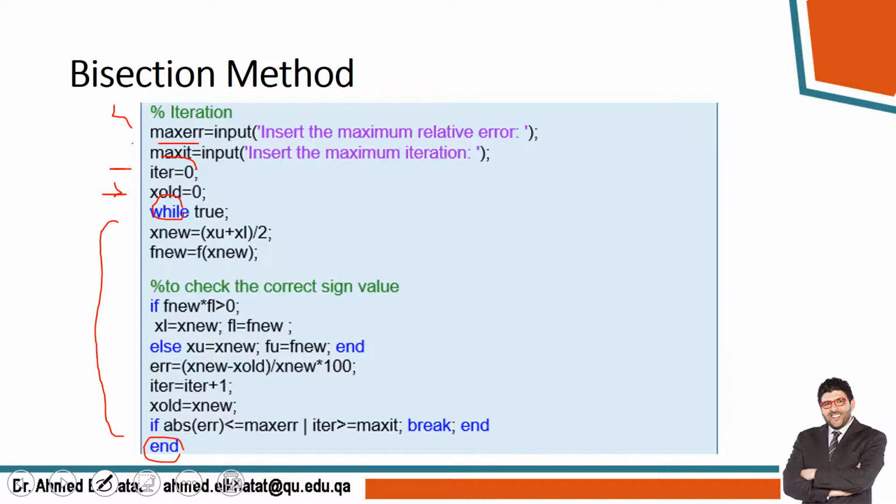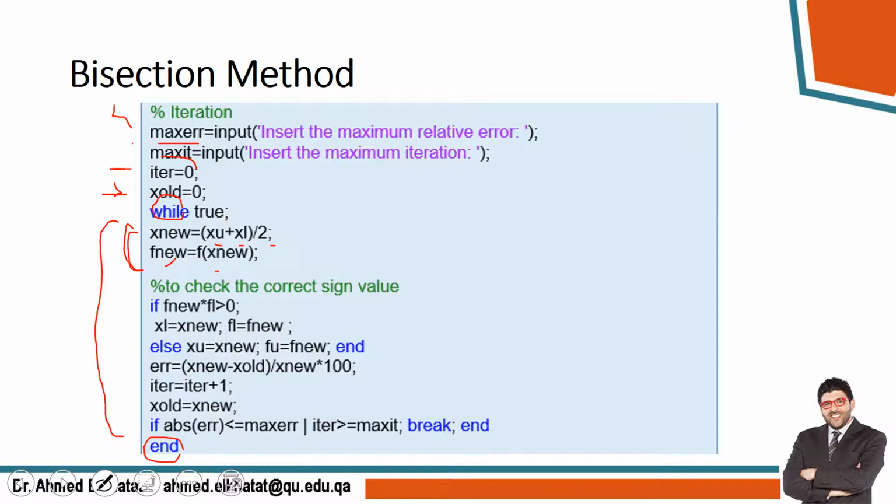Okay, x new equals x upper plus x lower divided by 2, and calculate the function of x new. So now we have x new and we have f new.